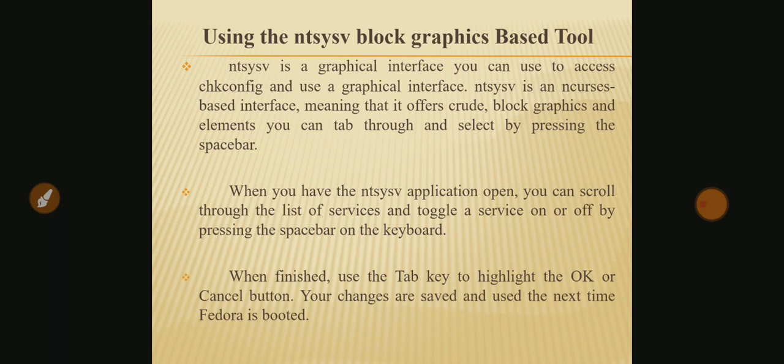When you have the ntsysv application open, you can scroll through the list of services and toggle services on or off by pressing the space bar on the keyboard. With the help of tab, we can move to the specific services, and if you want to select or deselect a service, you can use the space bar that acts as a toggle button.